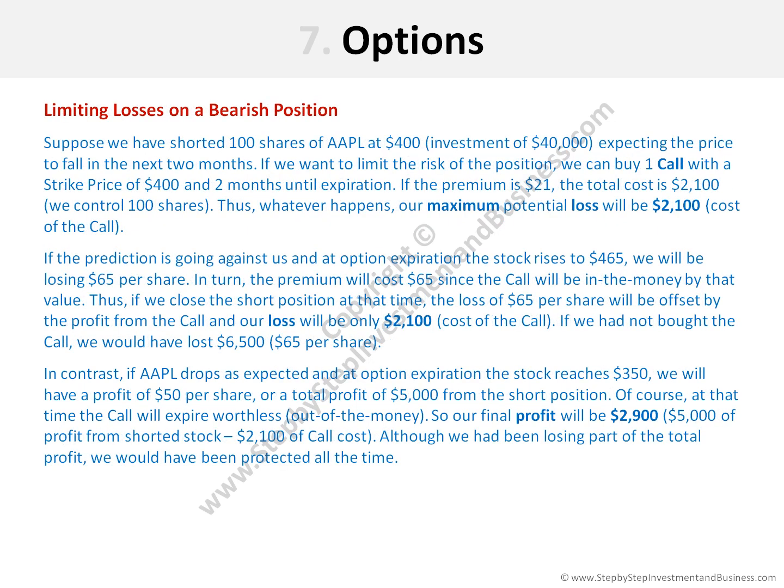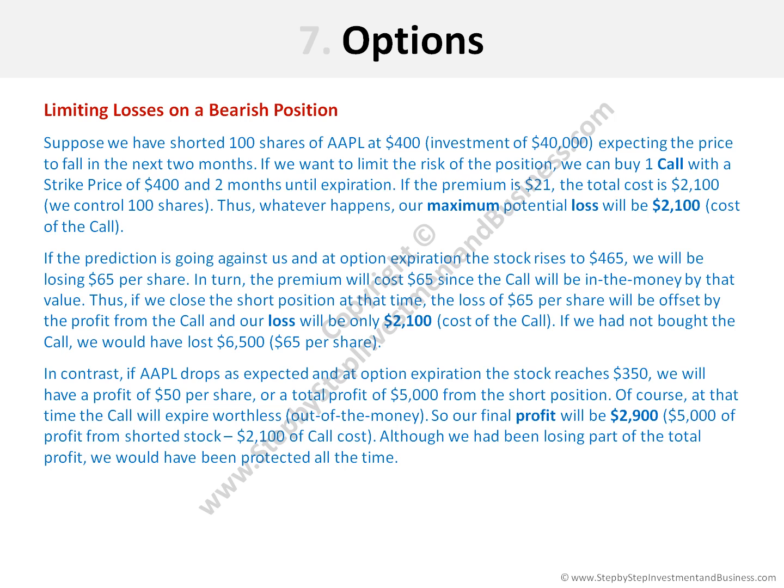Finally, let's see the case in which we are limiting losses on a bearish position. Suppose we have shorted 100 shares of Apple at $400. That is, we make an investment of $40,000, expecting the price to fall in the next 2 months.